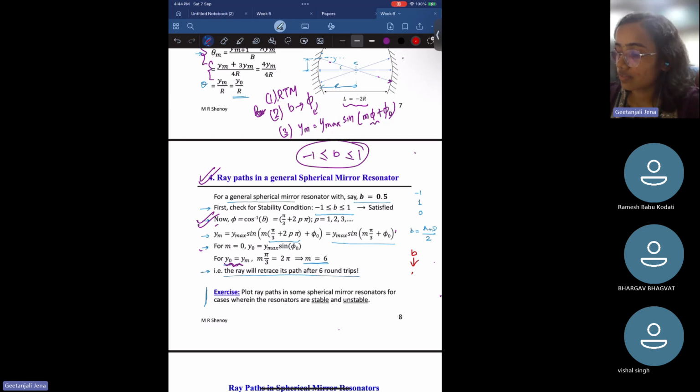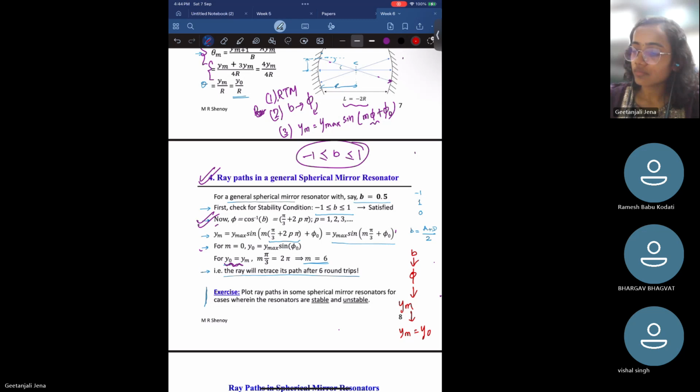From b, you calculate phi, and from that we calculate ym, and by equating ym with y0, you can find out after how many round trips the ray will retrace the path. So these are the general steps.